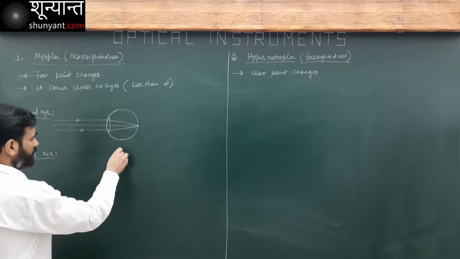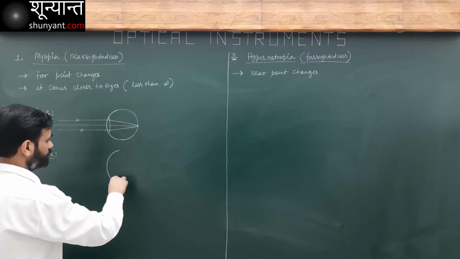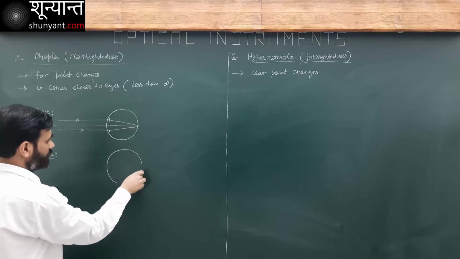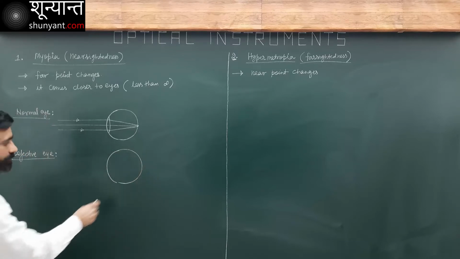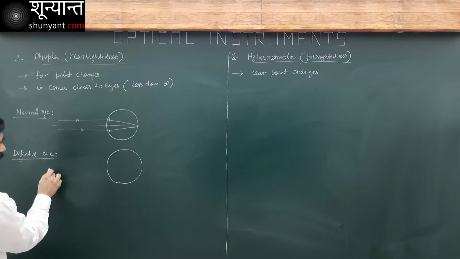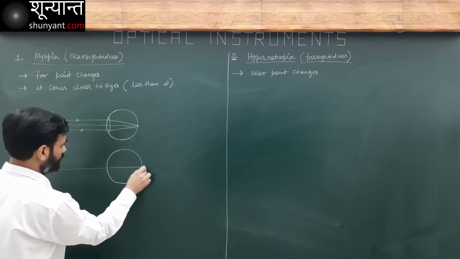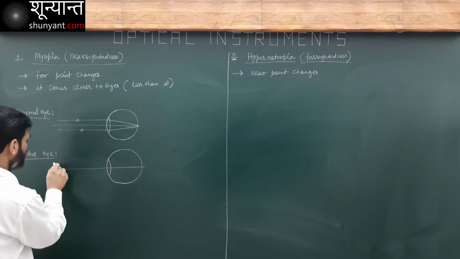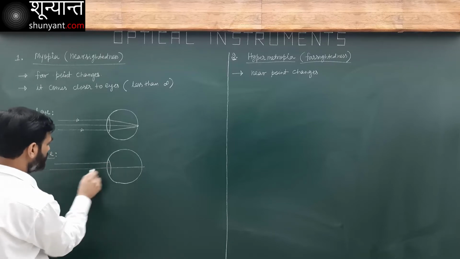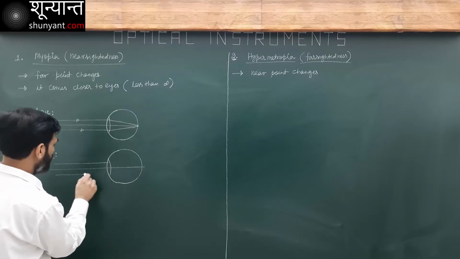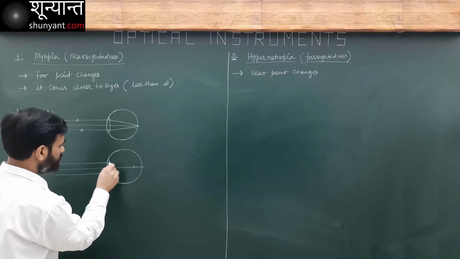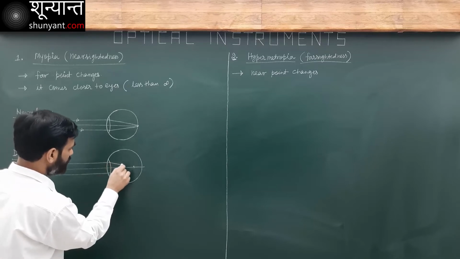Okay. Now in defective eye, if this is my eye, and the object is at infinity, then the image is not formed at focus. It is formed in front of focus, something like this.